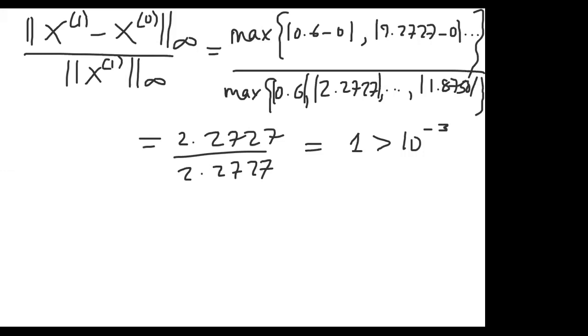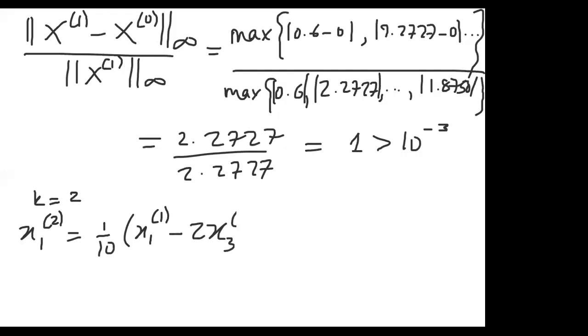So now I'll move to the second iteration when k is equal to 2. So I'll get x1, 2 will now be equal to 1 over 10, the same formula I got for x1. Now I'll be using values of capital X1. I'm going to get this, then minus 2 x3, 1, plus 6.